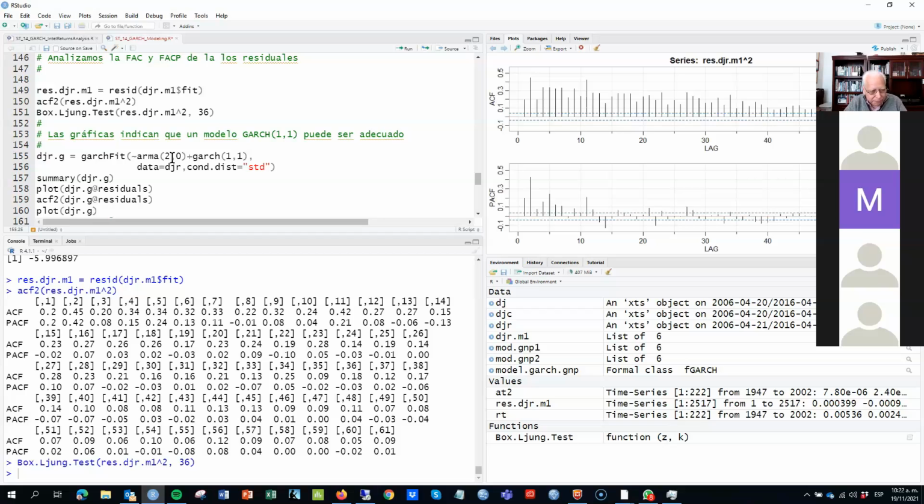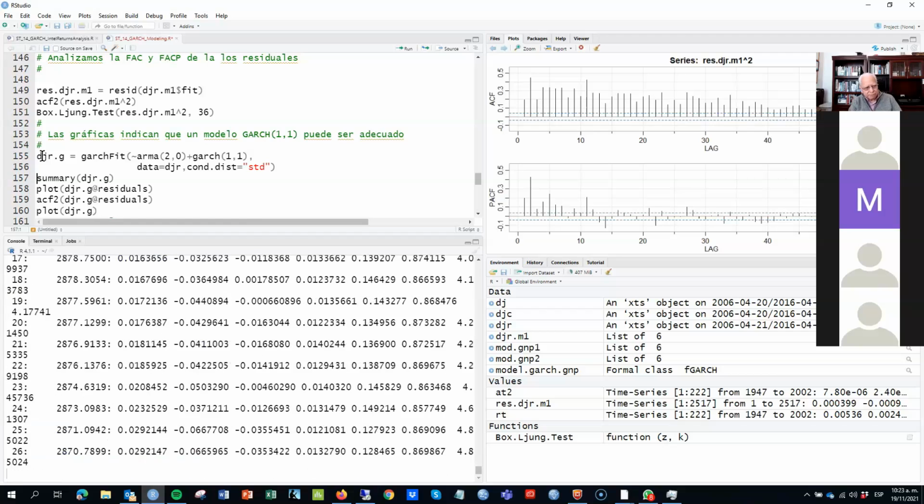That'll be the ARMA model with two parameters, plus the GARCH(1,1) model, and we want the conditional distribution of the standard deviation. Remember that this is what these models are called, ARCH and GARCH, because they refer to conditional heteroscedasticity. So we are interested in the conditional distribution for the standard deviations. The variance is conditional on the time, actually.